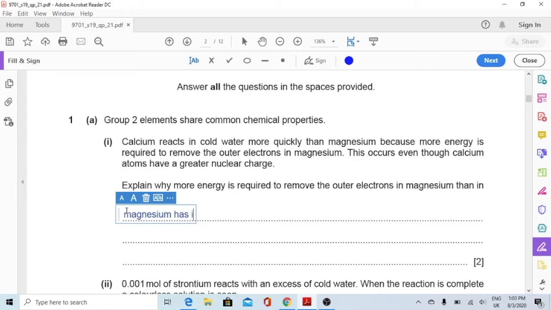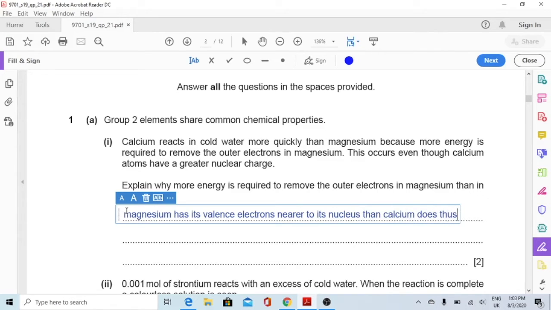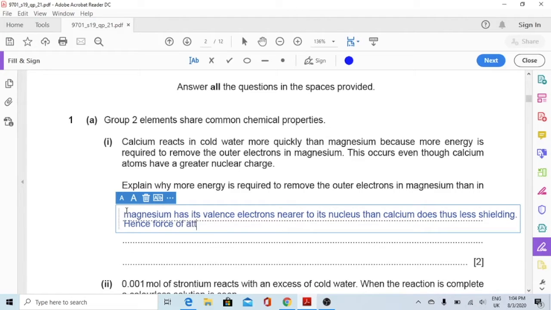Magnesium has its valence electrons nearer to its nucleus than calcium does, thus less shielding, hence the force of attraction between valence electrons and the nucleus is more.